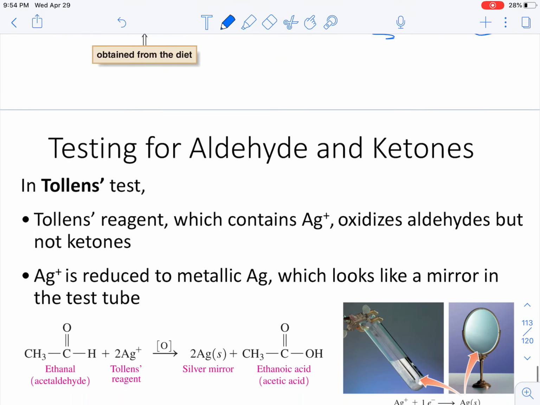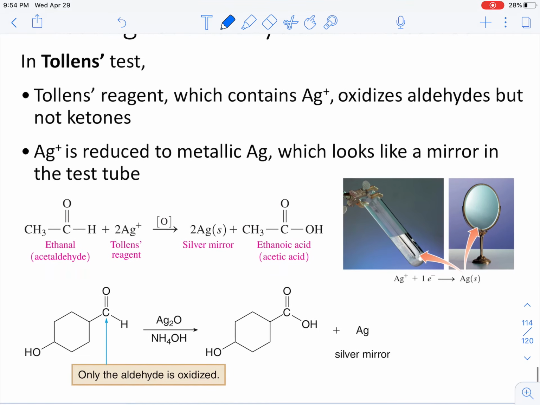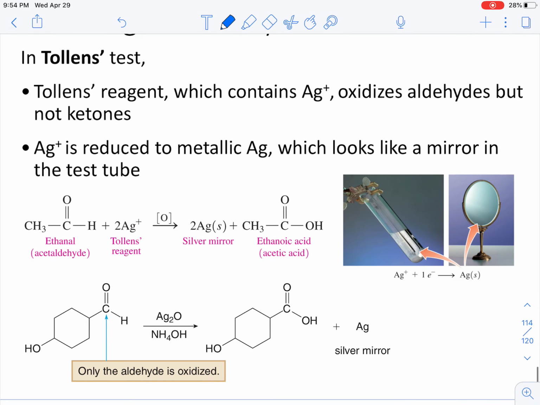Cool. So the next thing that I want to discuss is being able to test for aldehydes and ketones. And so there are very specific tests that I want to talk about. The first one is called the Tollens test. The idea is that you have this unknown solution.